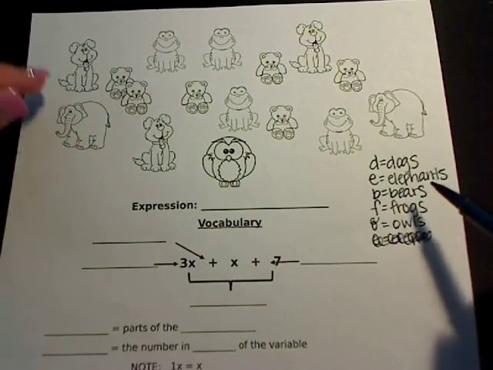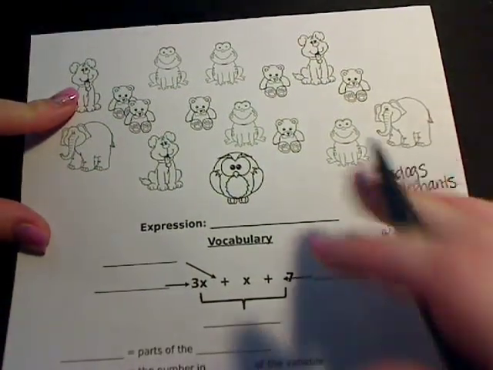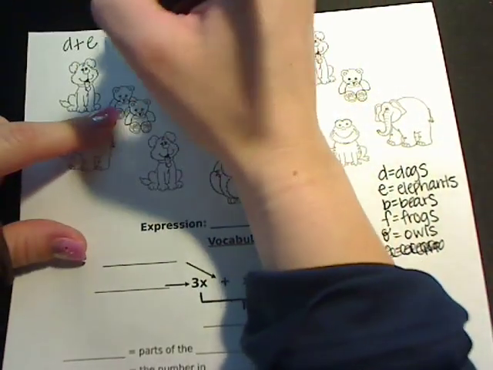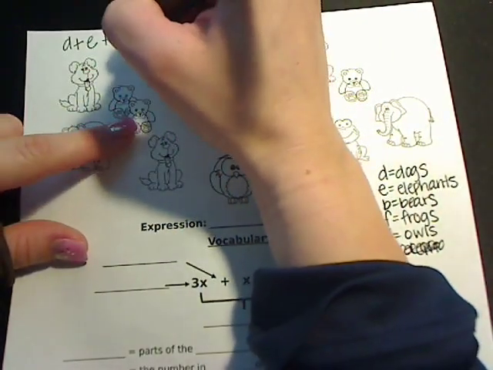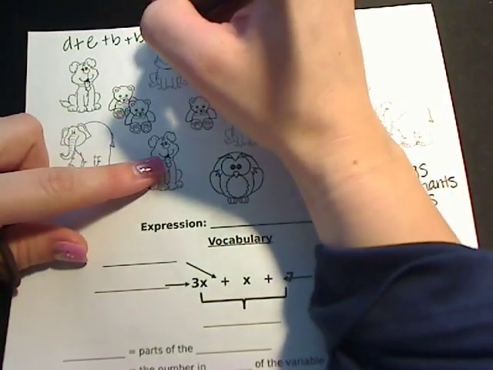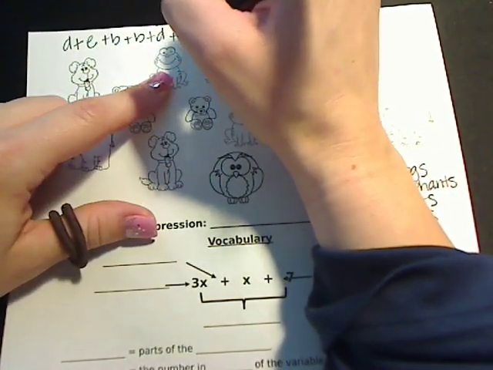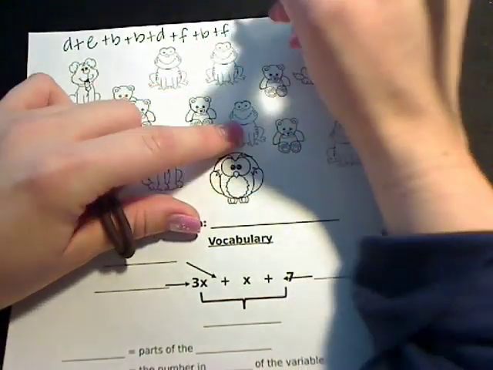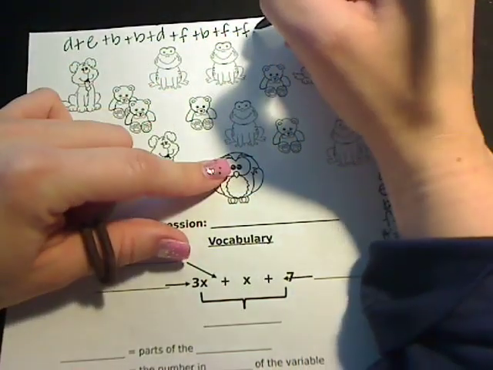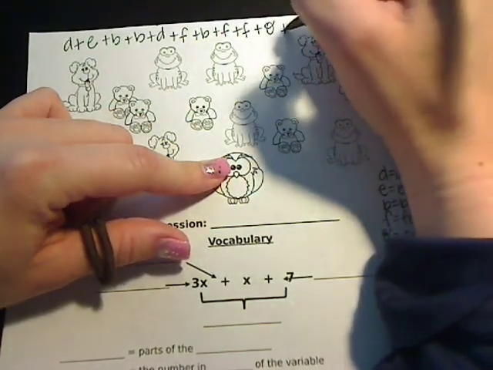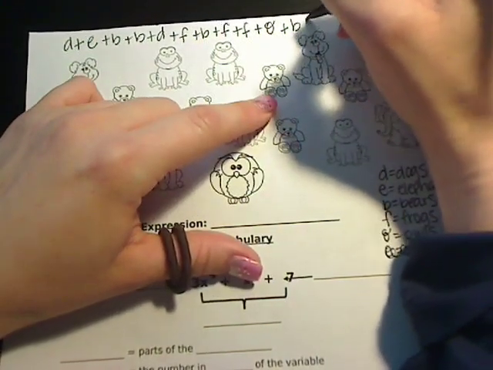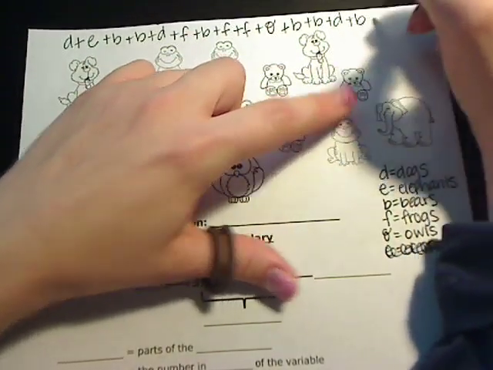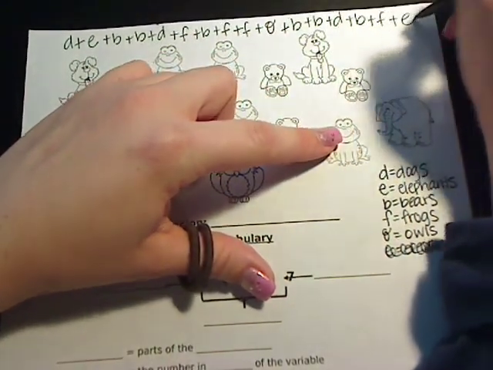Yes, that's right. If I was looking at this picture, I would say I have a dog plus an elephant plus a bear plus a bear plus a dog plus a frog plus a bear plus a frog plus a frog plus an owl plus a bear plus a bear plus a dog plus a bear plus a frog plus an elephant.